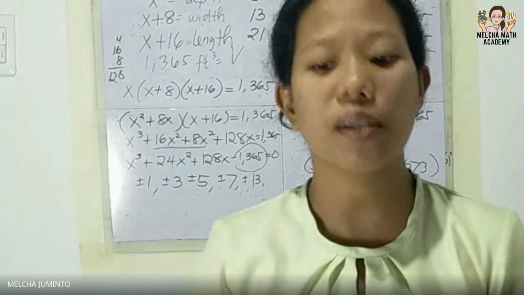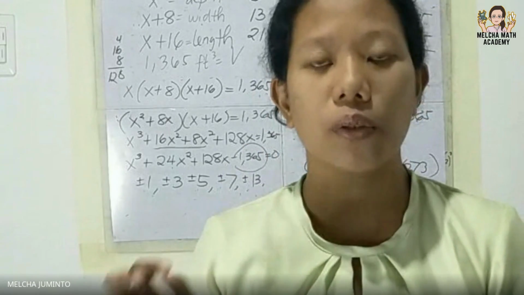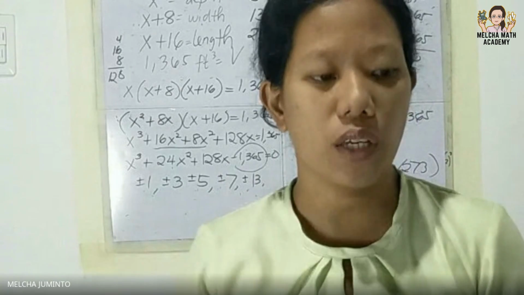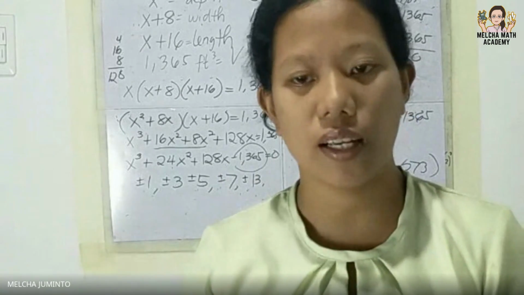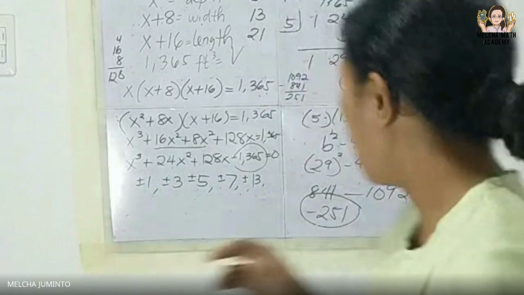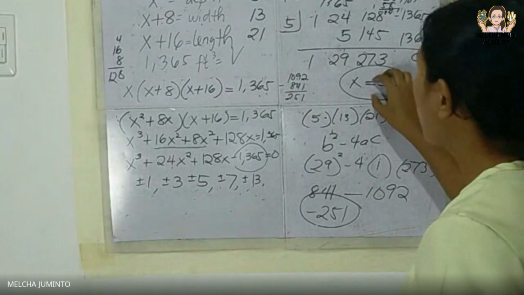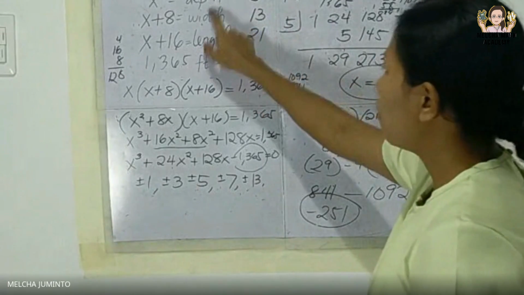The discriminant is not required in the solution, especially if your last part is x cubed. You will only use discriminant if it is quadratic, x squared. So if the last part is x cubed, you stay with checking by replacing the answer with the given.